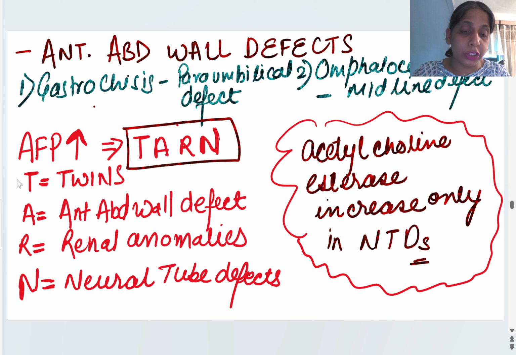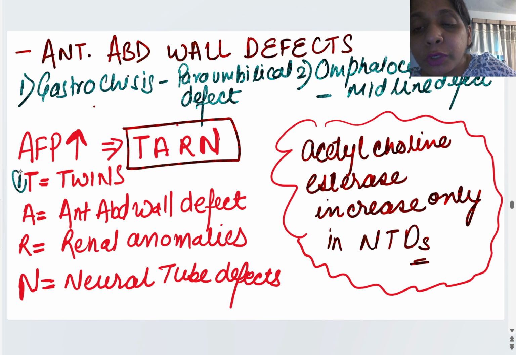Of course we can diagnose them on ultrasound, but there are some biochemical markers also for these conditions. That biochemical marker is alpha fetoprotein. Alpha fetoprotein increases in 4 conditions. The mnemonic is TARAN.